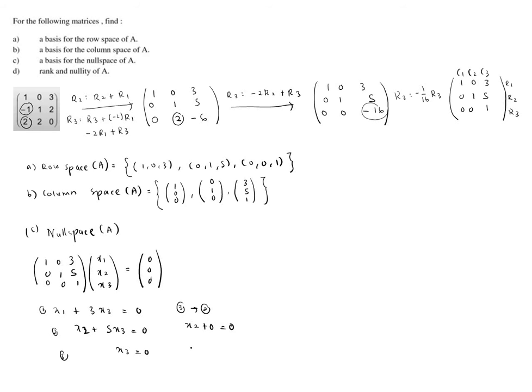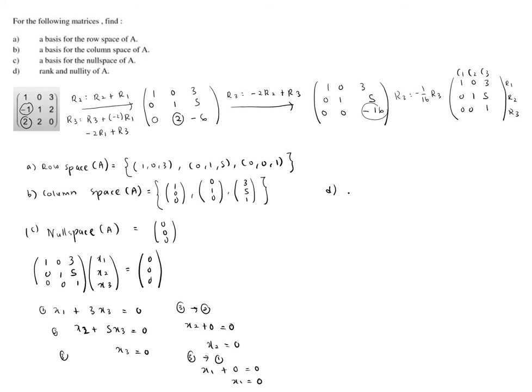Because x3 is 0, then automatically x2 also equal 0. And same goes when we substitute equation 3 into equation 1. x1 plus 3x3, so x1 plus 0 equals 0. Automatically x1 also equal to 0. So the null space is 0, 0, 0.